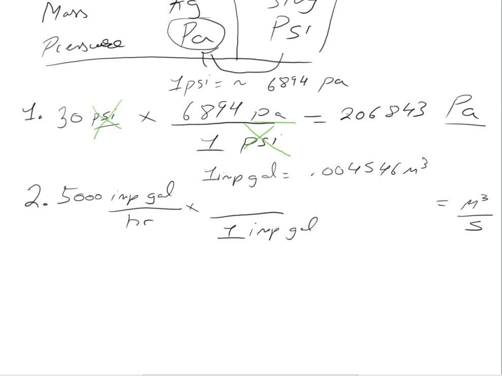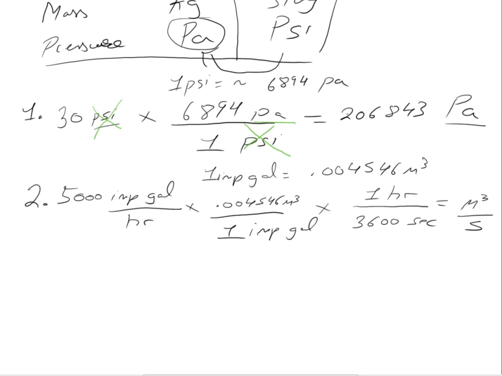So 1 imperial gallon is 0.004546 meter cube. Now that's going to give me the meter cube over an hour, but I want to know how much is that in seconds. So again, now I'm going to put the hour at the top because I want it to cancel out. So I'm going to say 1 hour at the top is 3600 seconds.